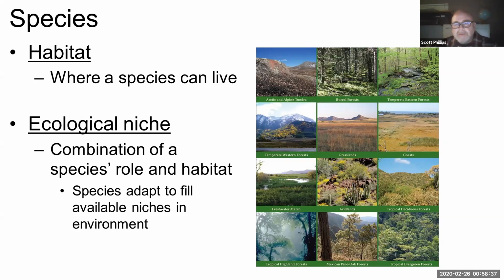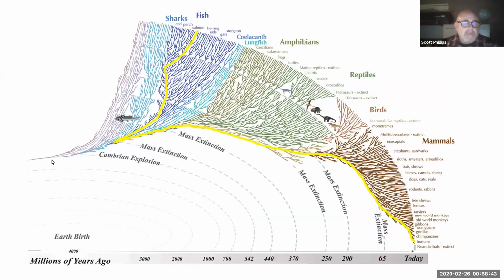The way evolution works is that species have evolved to fill different ecological niches. For example, from some far back common ancestor millions of years ago, we have separations where species have separated to either fill a different role in the environment or a different habitat. And that means they can fill a different ecological niche.